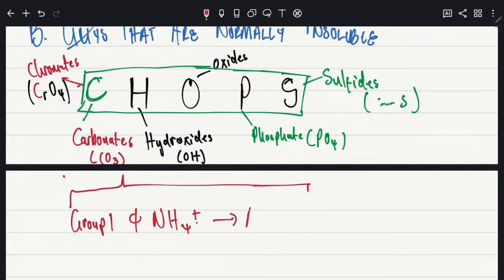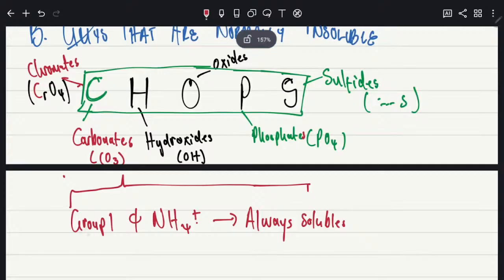Okay? Always soluble. So I know that carbonates, hydroxides, chromates, oxides and phosphates are insoluble. I know that.